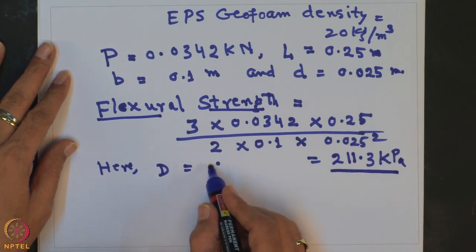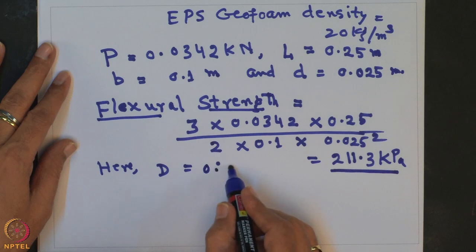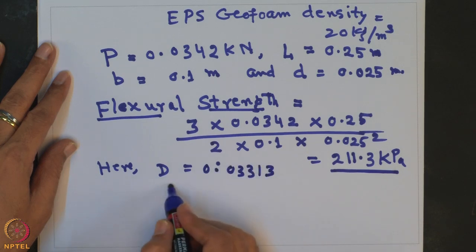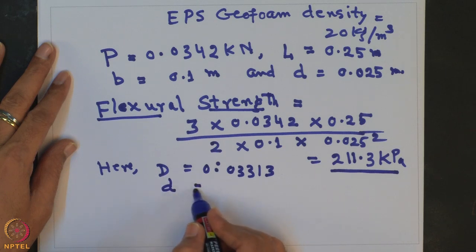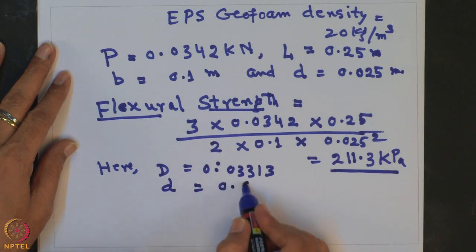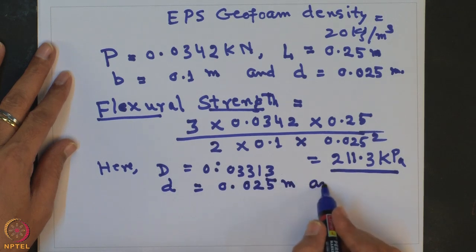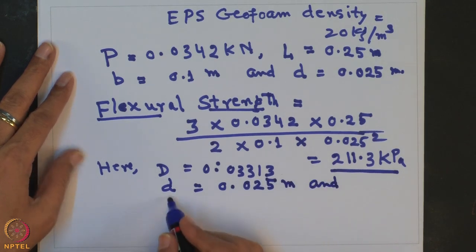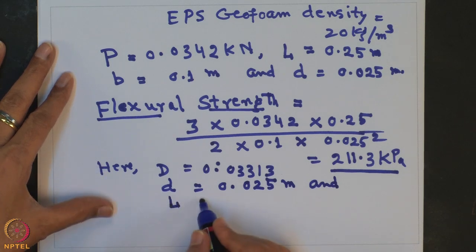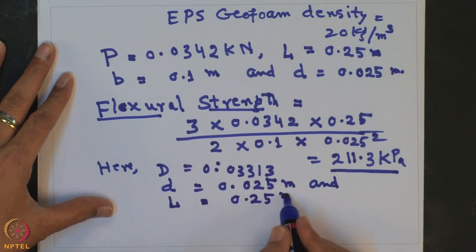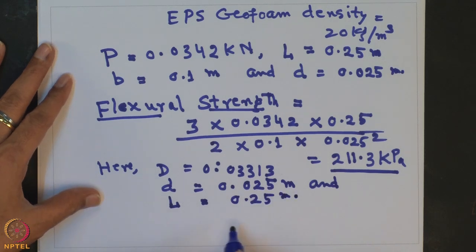Now, the deflection D is equal to 0.03313, small d is equal to 0.025 meter and L is equal to 0.25 meter. So, from this data you can determine the maximum strain.